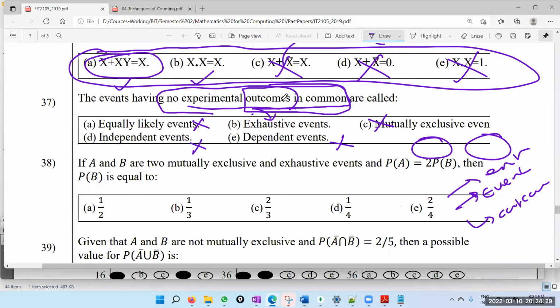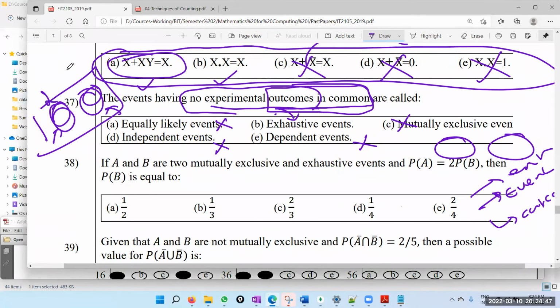So that means they are mutually exclusive, right? When they are mutually exclusive, there is no common outcome. So none of the outcomes are common. It's something like getting odd, getting even, getting 4, getting 6. So no outcomes will satisfy both.